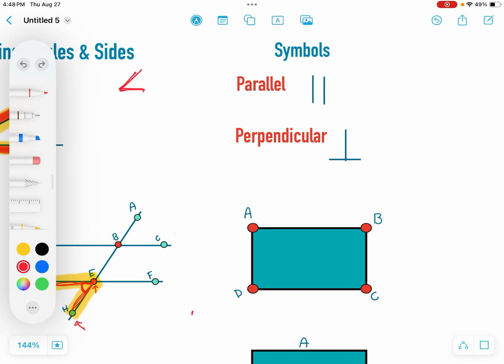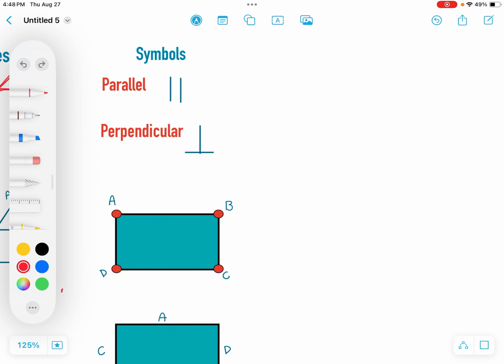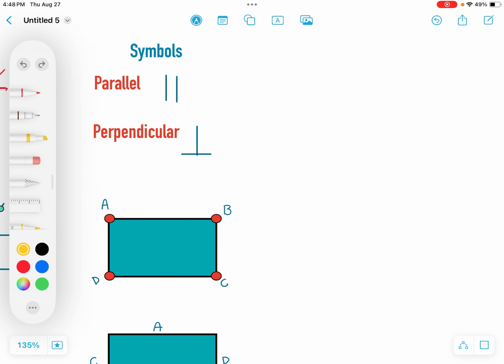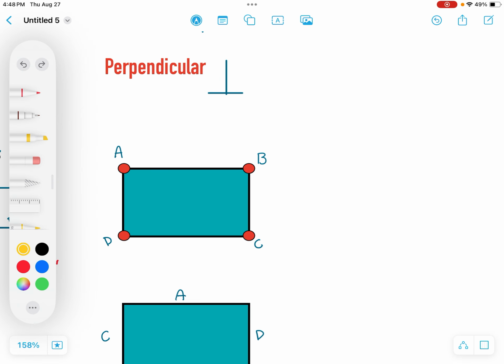Now, in order to talk about shapes in this way, the other symbols that we need to talk about are parallel and perpendicular. When you have a parallel symbol, it's just two lines, and if you're saying perpendicular, it kind of looks like an upside down T. So if I were looking at this square right here, and I wanted to say that this side is parallel to this side, how we would say that is line AB is parallel to line DC.